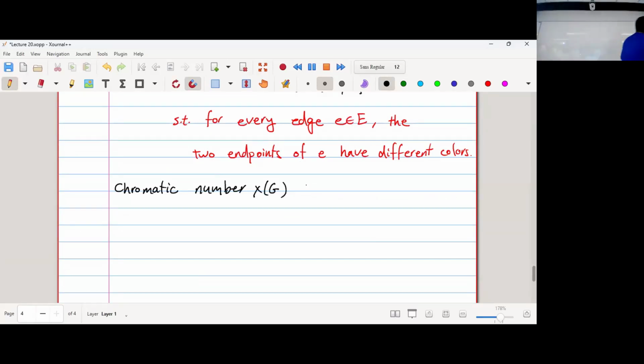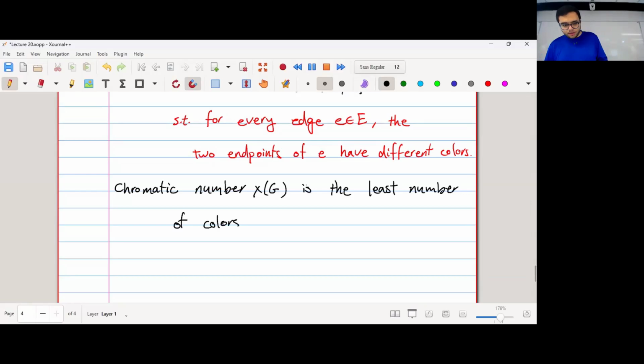This is a Greek letter that I cannot pronounce. The closest thing I can pronounce is chi, but it's not. You can give it to Google Translate and it will pronounce it for you. So the chromatic number chi of G is the least number of colors needed for a proper coloring of G.